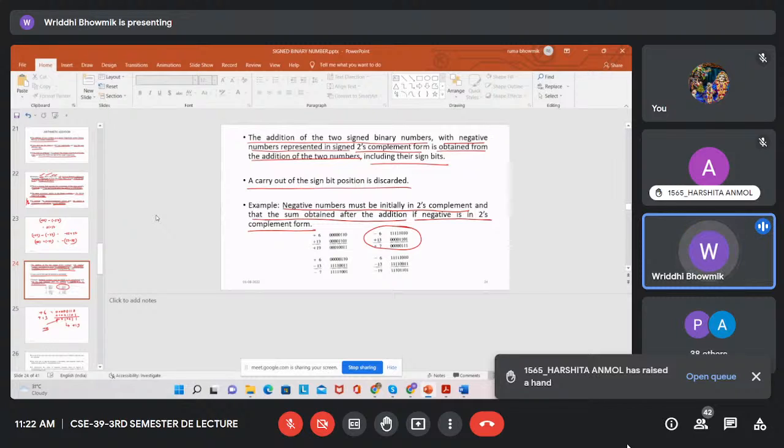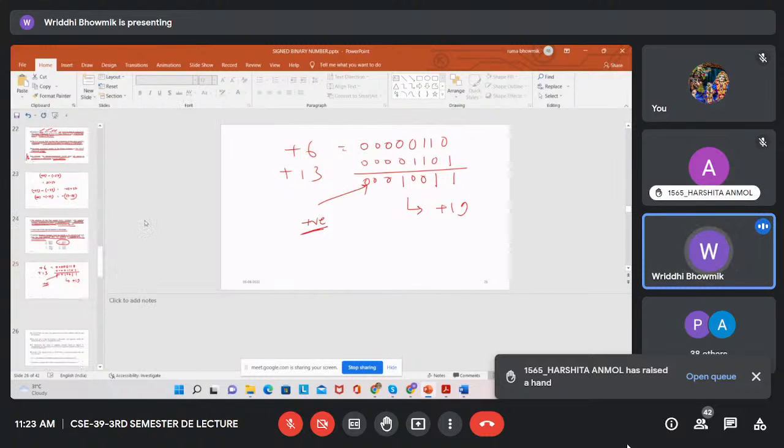If -6 is in 2's complement form and you add these two, then after the addition, if the result is negative, it will automatically be in the 2's complement form. So I will show you two examples, and you can understand what is happening.